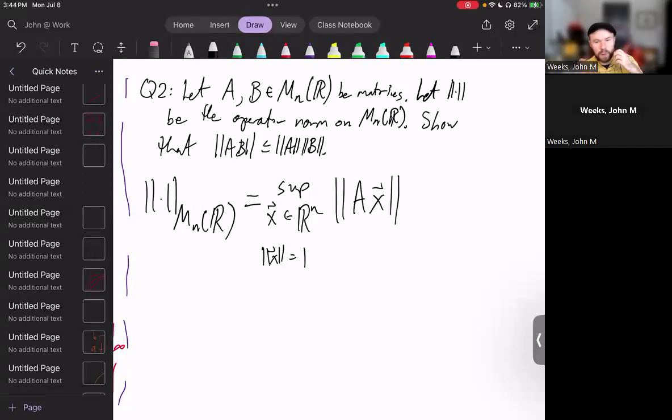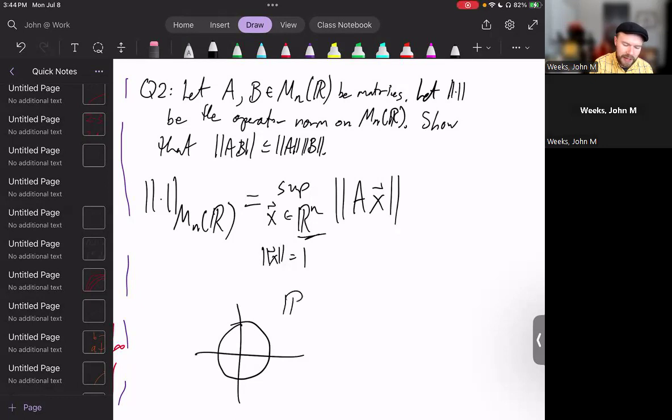So let's first talk through this a little bit more, to make sure we understand what's going on here. The idea is if you look at a matrix, and you start with all of the elements that have a norm of 1 inside of R n, here I'm drawing a picture of what the elements of norm 1 would be for the real numbers. And that looks like the unit circle.